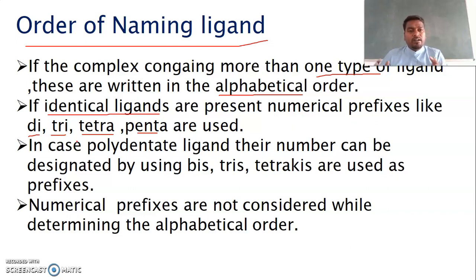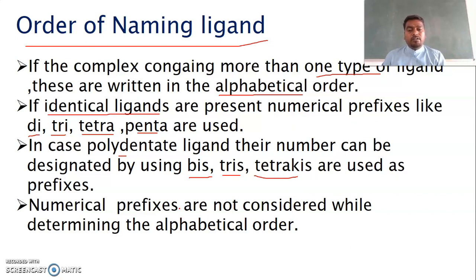Don't confuse prefix and suffix. A suffix is added after the word, and a prefix is added before the root word, just the same as in organic chemistry. In the case of polydentate ligands, we use bis, tris, tetrakis in order to express their number.